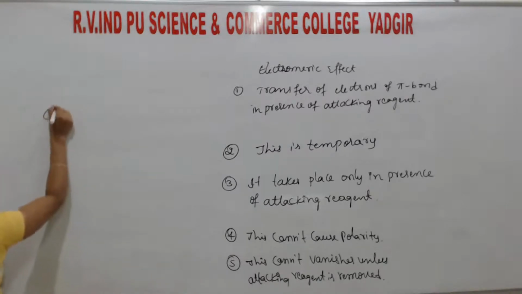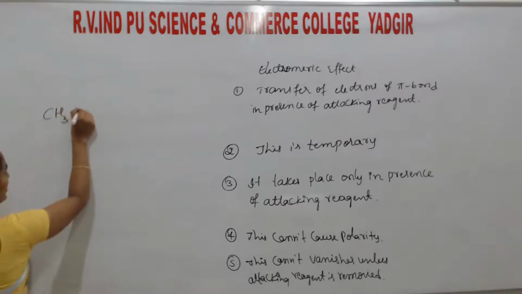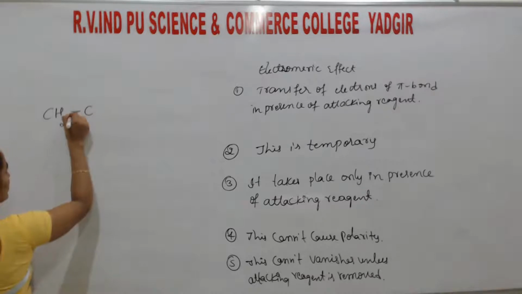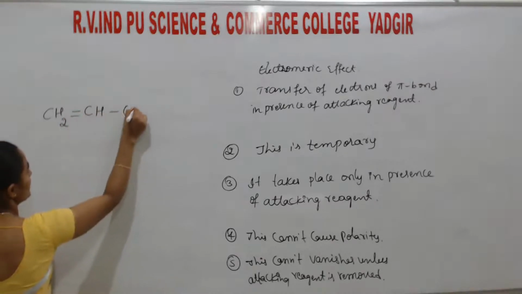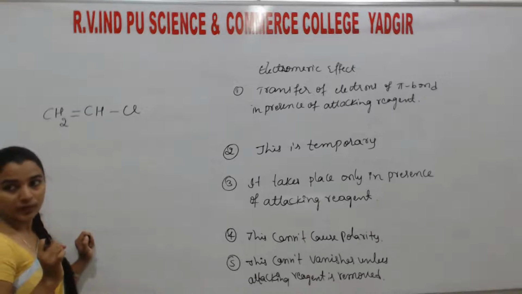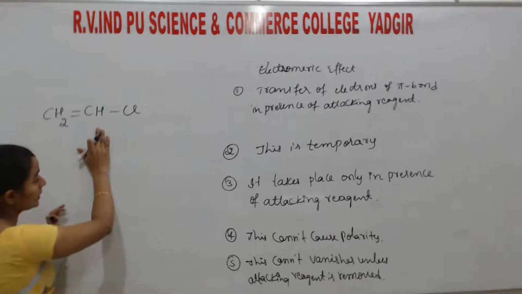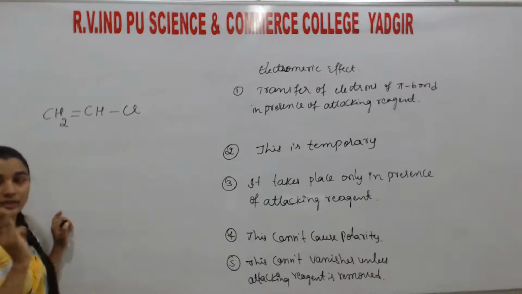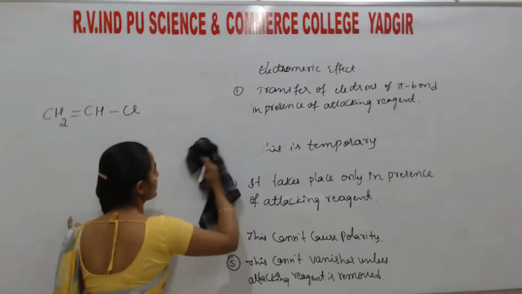Listen, and take CH3, CH2, double bond, CH, Cl. Assume it is like that. Here there may be a possibility of two effects. One is electromeric, another one is inductive.